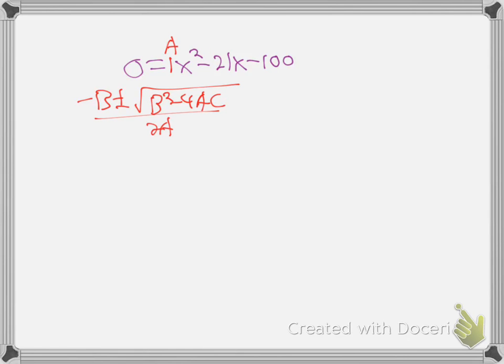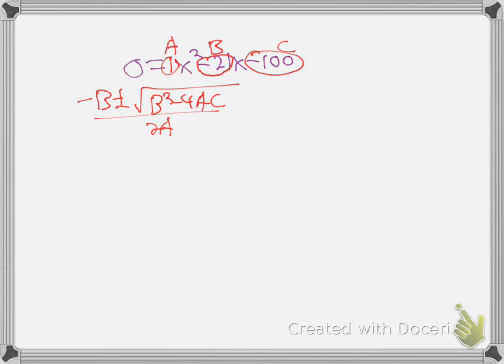A is 1. B is the negative 21. And the c is the negative 100. So the a, b, and c are the numbers in front of the x squared, the x, and the last number. Good there? So let's do it.